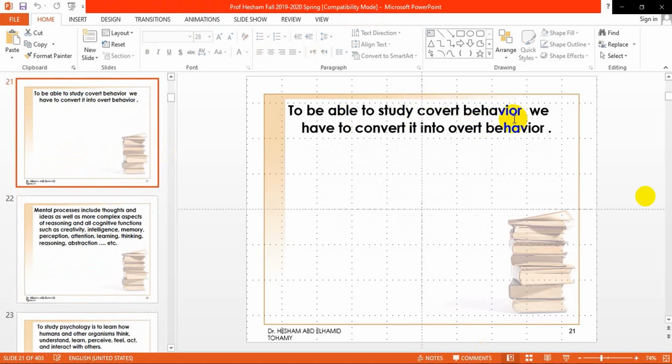To be able to study covert behavior, we have to convert it into overt behavior. In the case of covert behavior, we can measure it and observe it indirectly, but overt behavior we can observe directly.